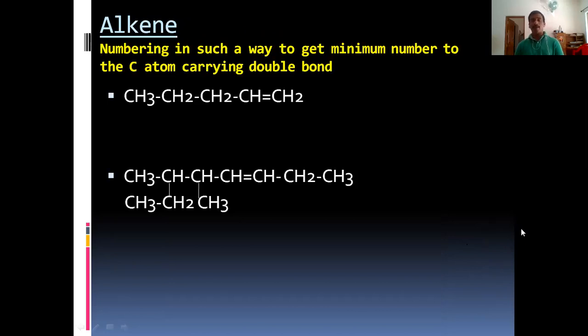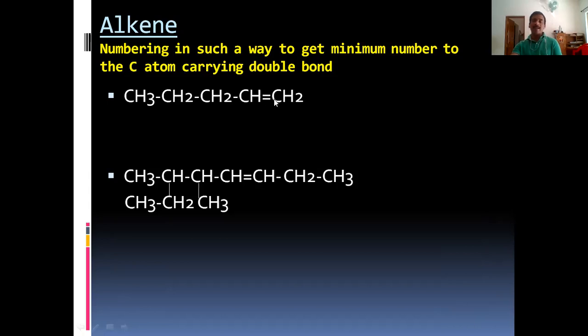Now the nomenclature of alkenes. When you name alkenes, the numbering should be in such a way as to give the minimum number to the carbon atoms joined by the double bond. Here you can see the double bond is present here, so you have to start numbering from this side. 1, 2, 3, 4, 5. 5 carbon atoms, word root pent.